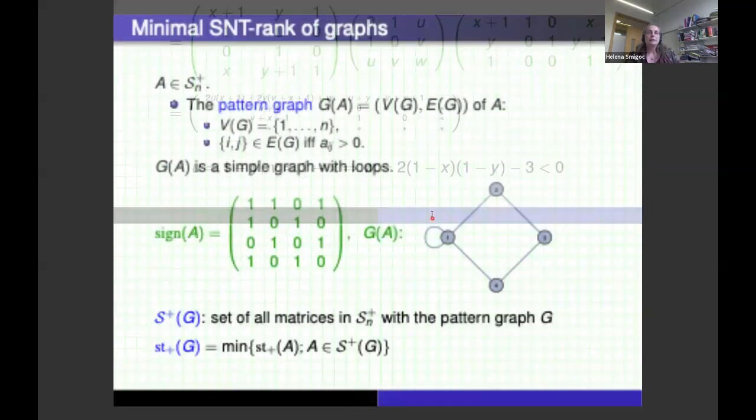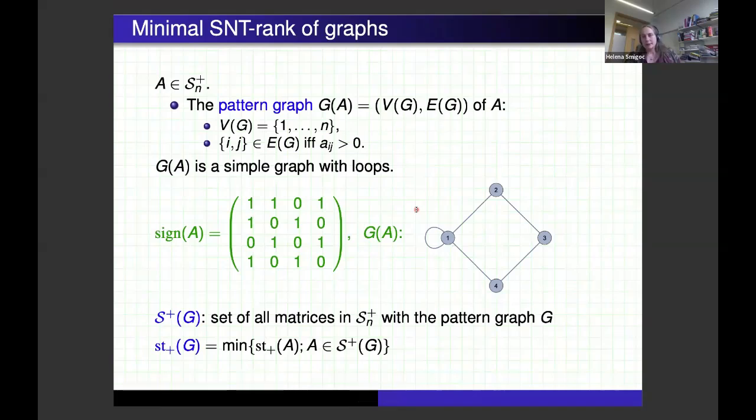And from now on, I will concentrate on the pattern because this is a graph theory seminar, right? So I decided to put more graphs in here. So I will concentrate on the pattern only. Like we see for the NMF, we start with a symmetric non-negative matrix. And from now on, we will be only interested in the pattern of this matrix.